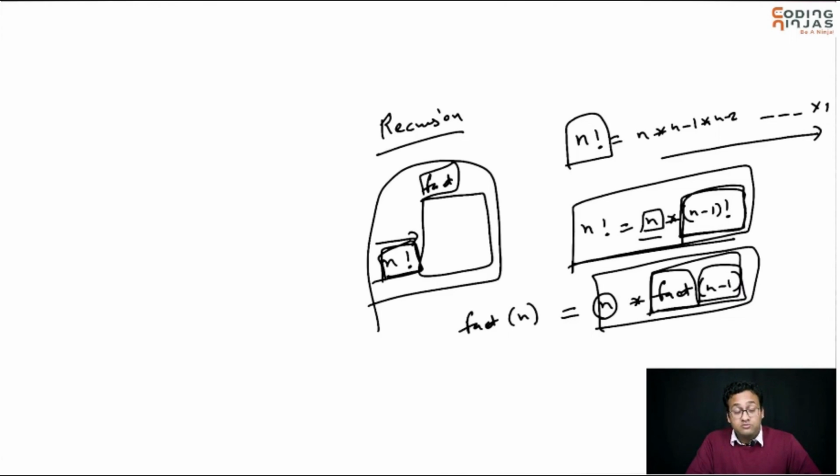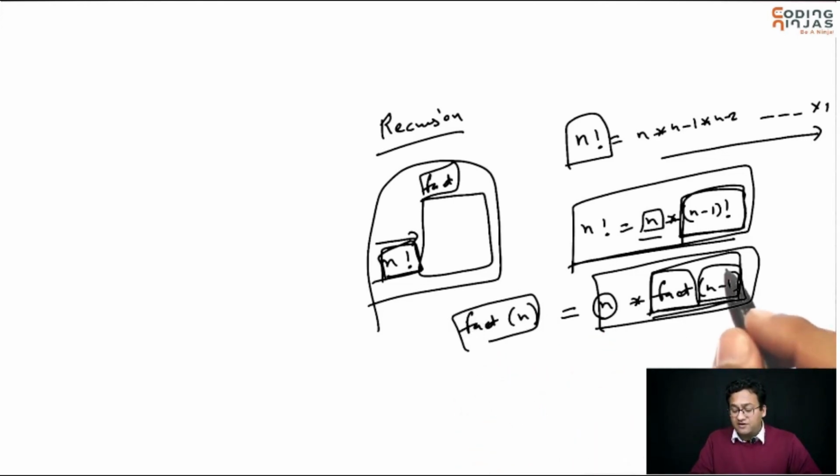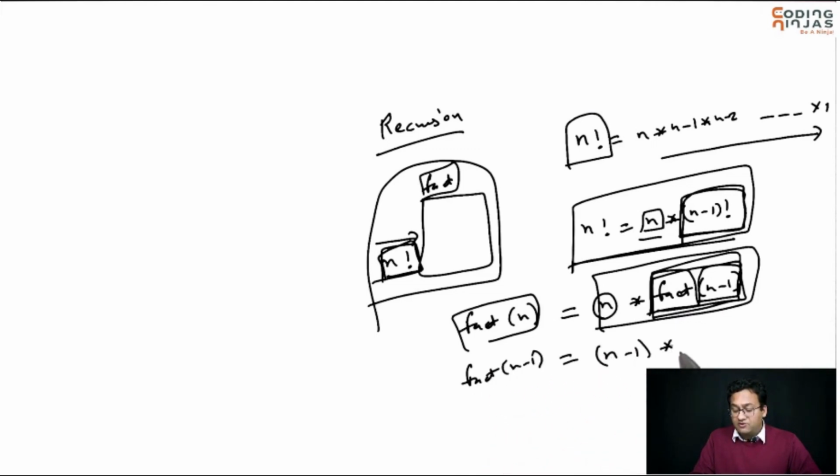So recursion is when a function is calling itself with a smaller input, which basically is easier to calculate, right? So finding factorial n is a little harder than finding factorial n minus 1. Now factorial n minus 1 internally will call effectively factorial n minus 2 and so on.